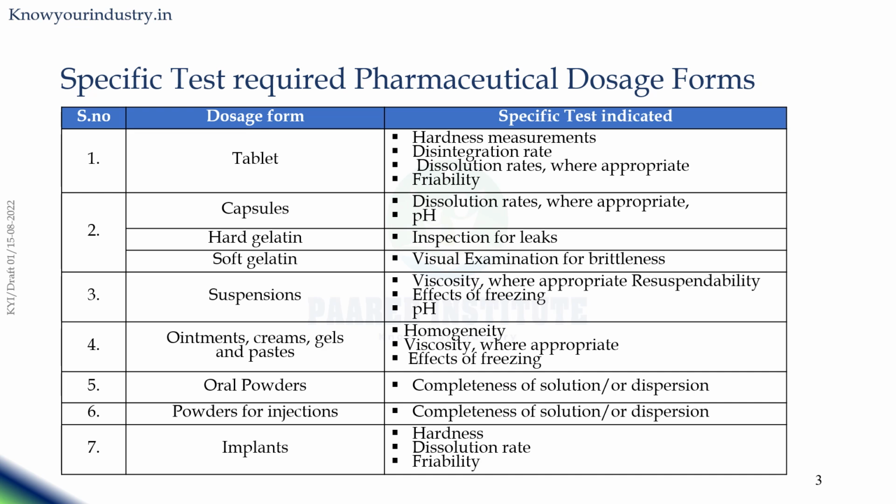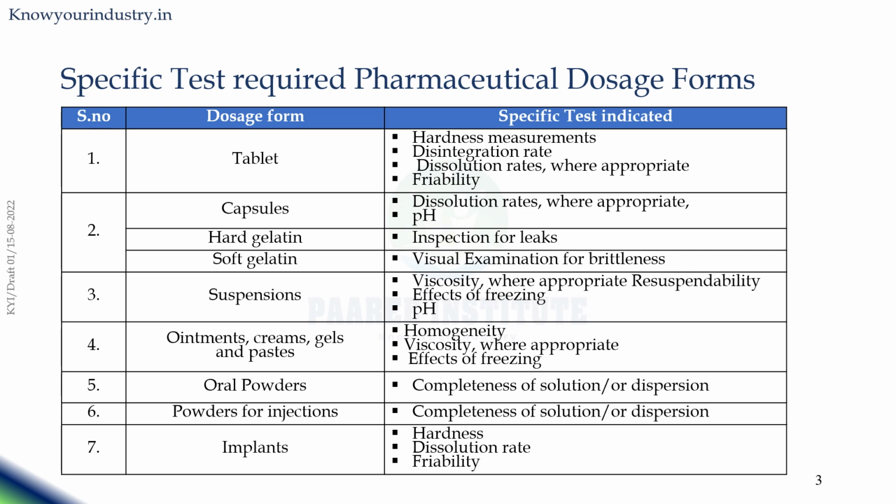Capsules: dissolution rates, pH, hard gelatin, inspection for leaks, soft gelatin, visual examination for brittleness. Suspensions: viscosity, effects of freezing and pH. Ointments: homogeneity, viscosity, effects of freezing. Oral powders: completeness of solutions or dispersions. And implants: hardness, dissolution rate, and friability.